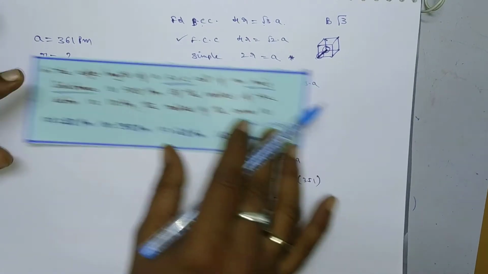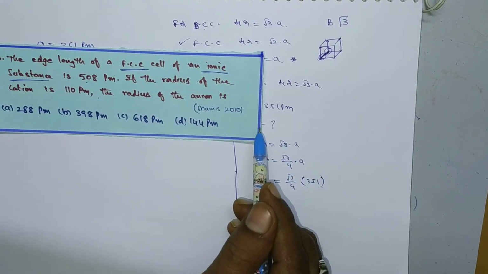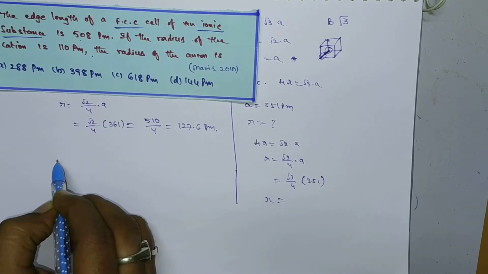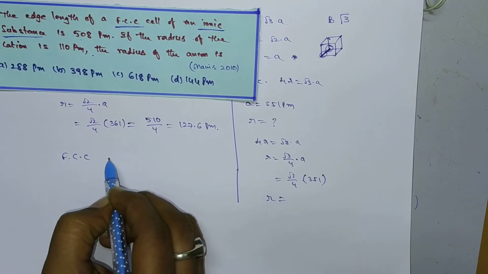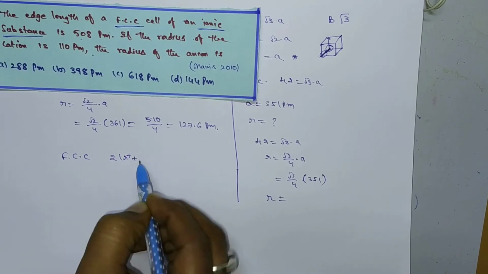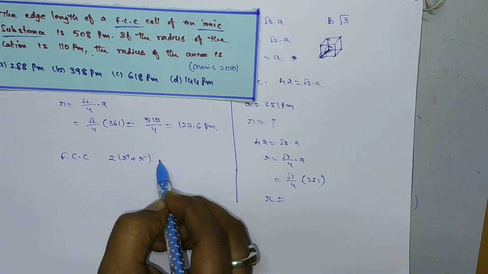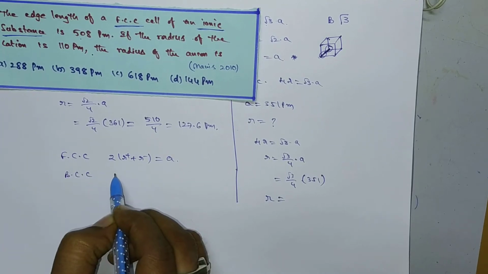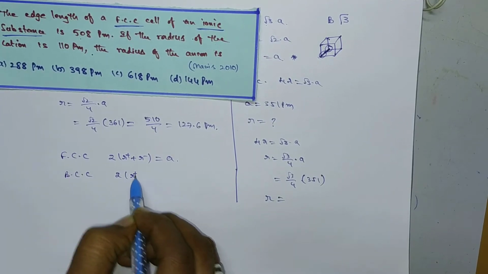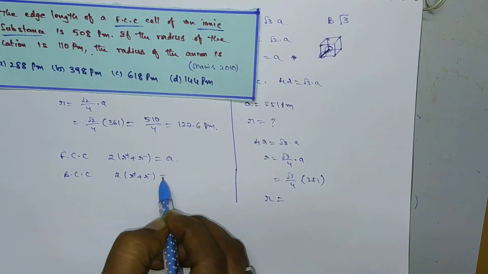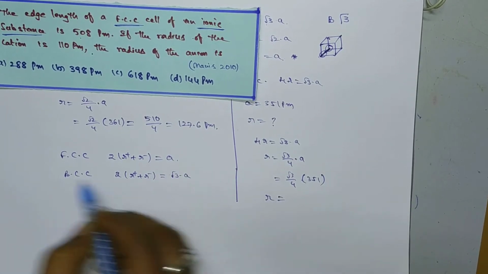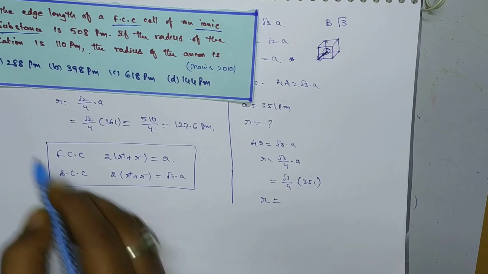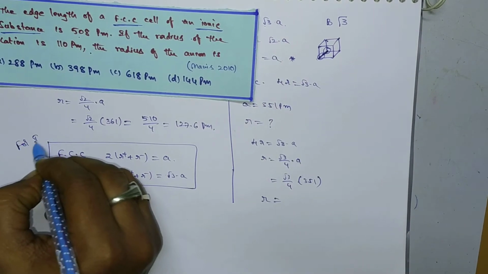For face centered cubic structure, 2 into radius of cation plus radius of anion is equal to a. For body centered cubic structure, 2 into radius of cation plus radius of anion is equal to root 3 into a. Remember these two points for ionic crystals.